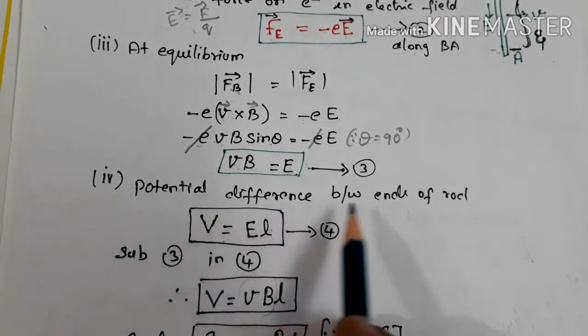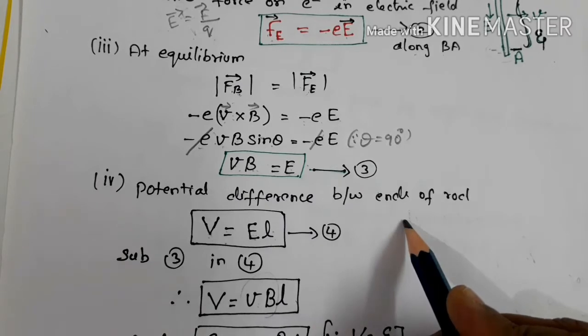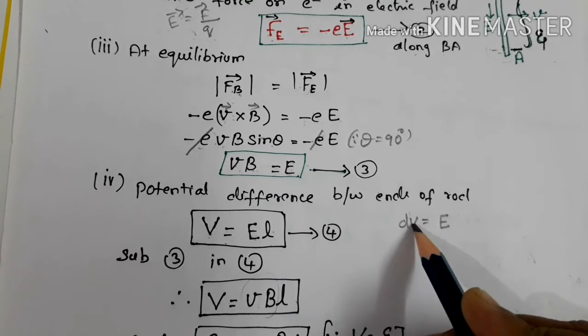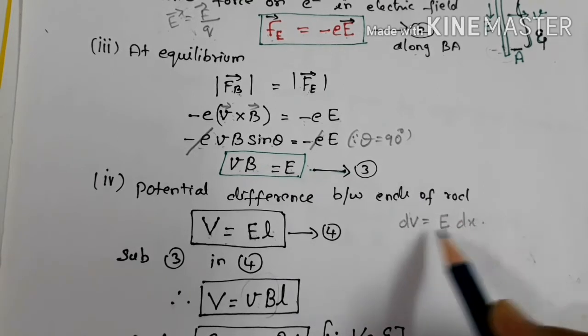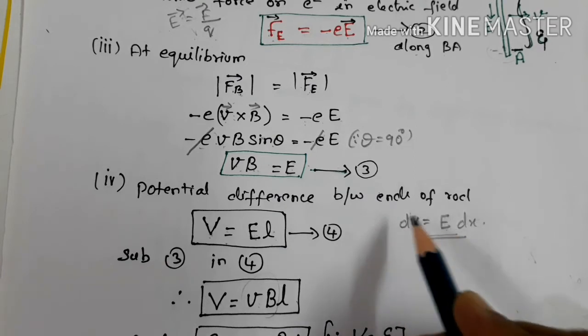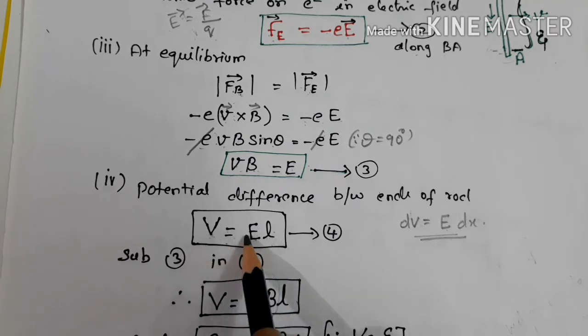Now the potential difference between the ends of the rod. Already you have learned from unit 1 the relationship between the potential and the electric field: dV is equal to E into dx. You have come across this type of expression. The same thing we have written here. So potential V is equal to E into L. L is the length of the conductor, V is the potential, E is the electric field.